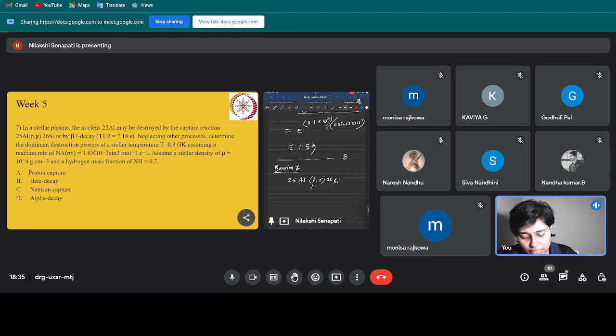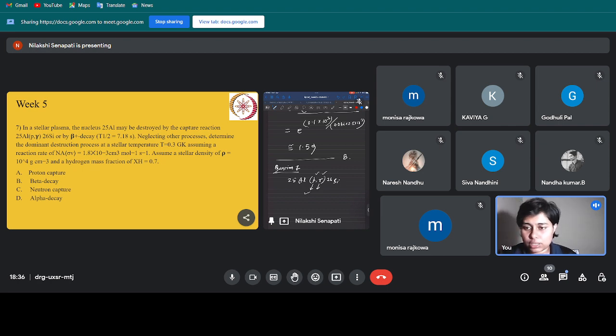So that means it can happen only if it is related either to the proton or to the beta decay, because in the beta decay process sometimes gamma is produced. But neutron capture uses the gamma not as a producing component but rather as a projectile component, and alpha decay is also not possible. So the possible thing is either proton capture or beta decay.